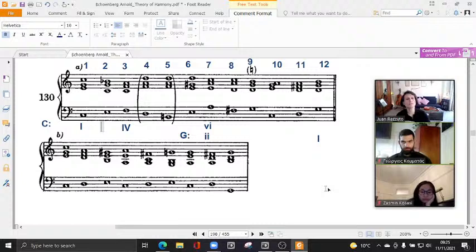What's the deal with the second inversion chord? What happens? What's the effect? Very unstable. Why exactly? Can you develop that a little bit more?